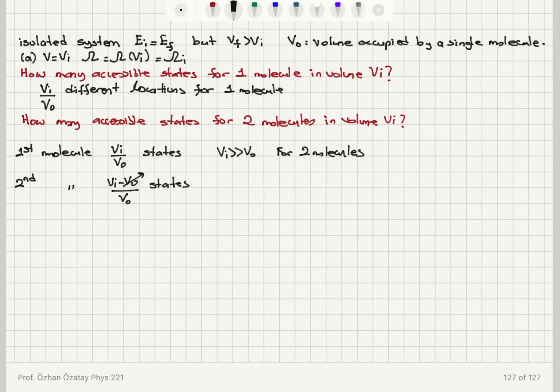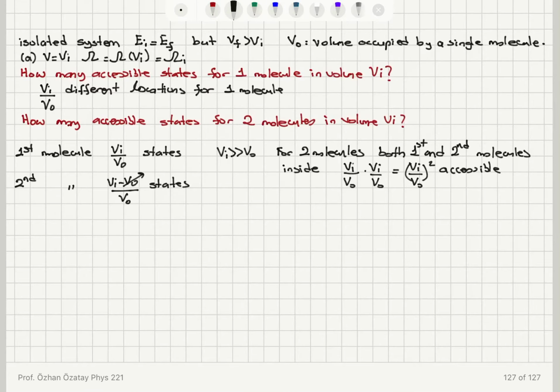The first molecule and the second molecule are both inside, so both first and second molecules inside, I will have the total number of accessible states V initial over V0 multiplied by V initial over V0, V initial divided by V0 squared accessible states.